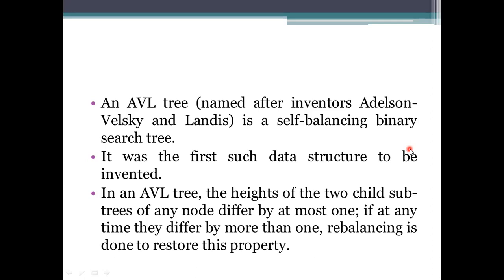If the balance factor has a default value violated, meaning a difference has come while adding or deleting an element, we need to rebalance it and restore the values for the AVL tree.